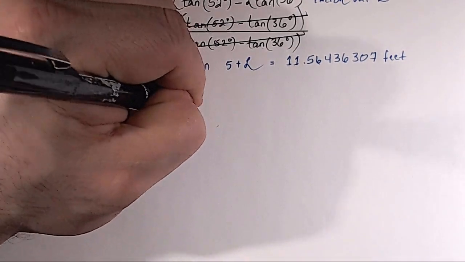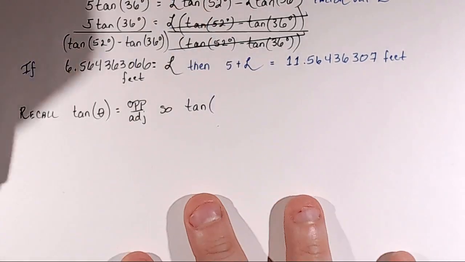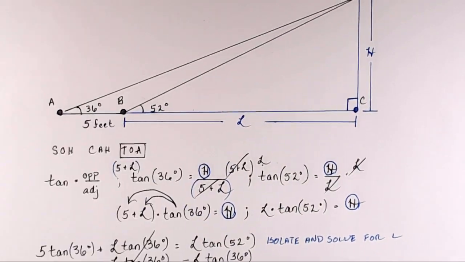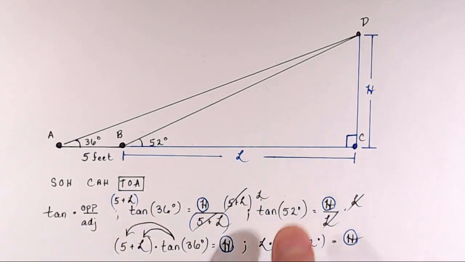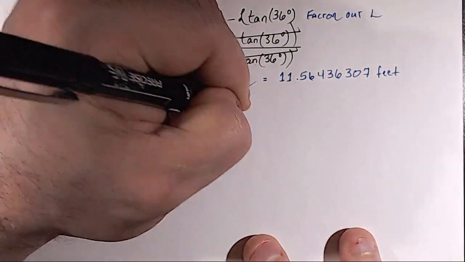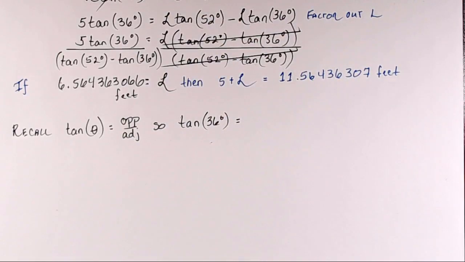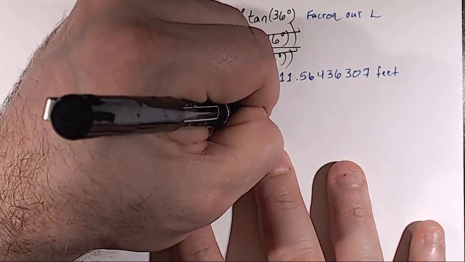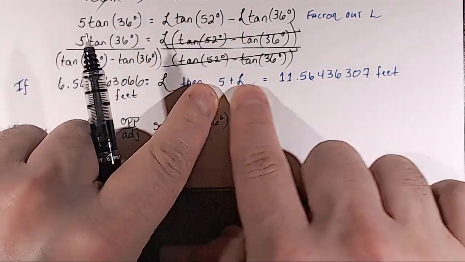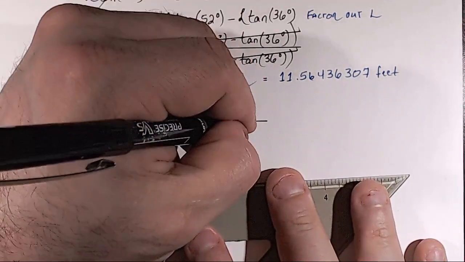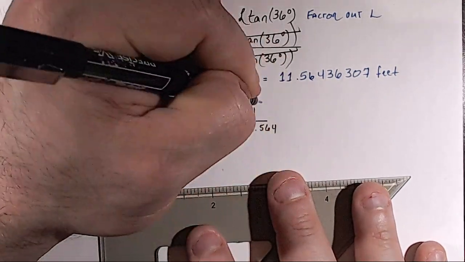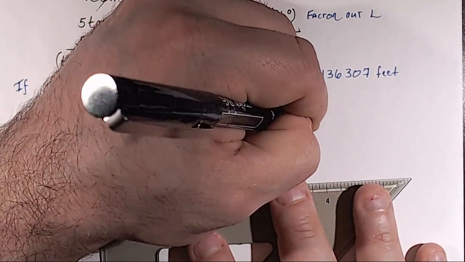So the tan of 36 degrees should equal H over 5 plus L. Well, we don't know what H is, but we do know what 5 plus L is. 5 plus L is that, 11.56436307.